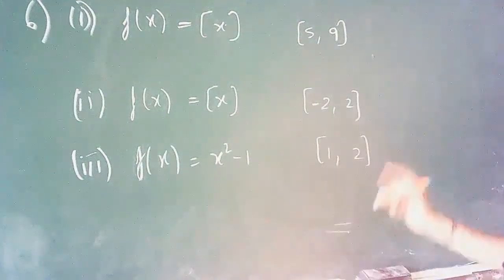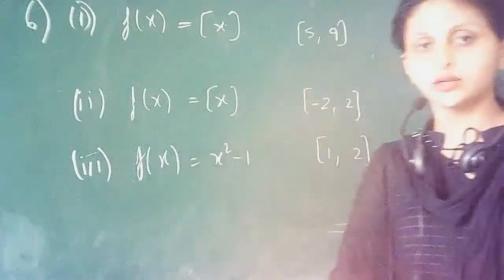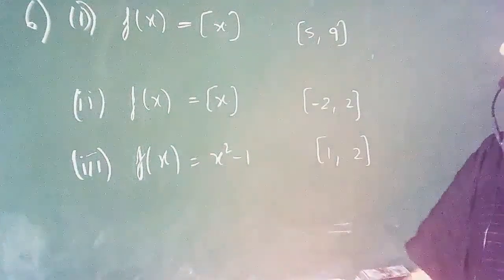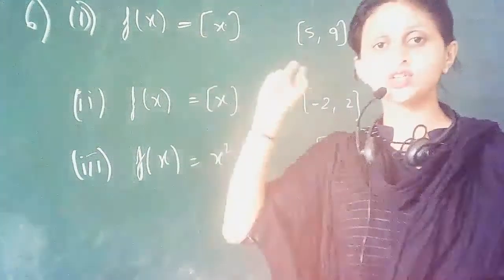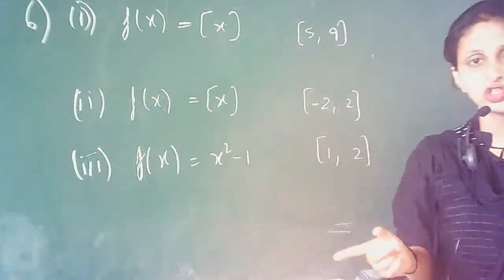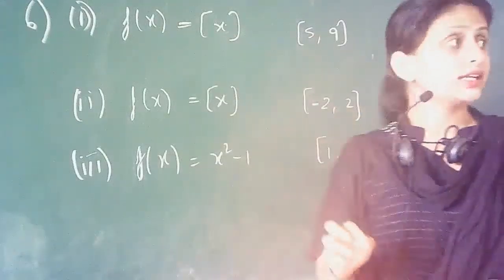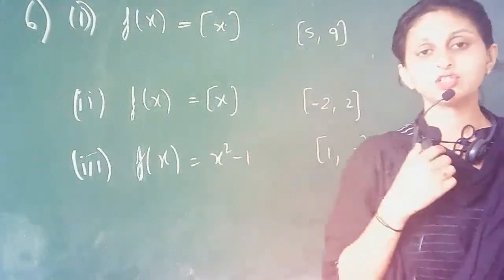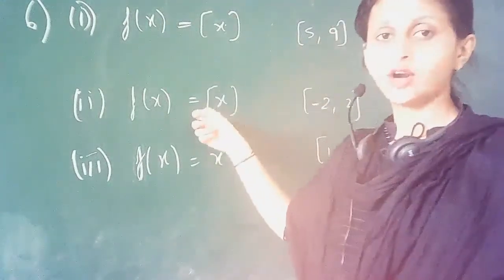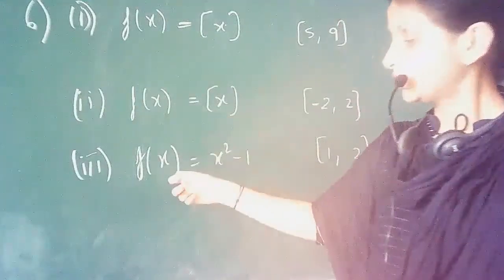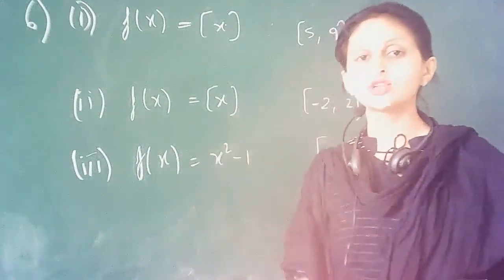So these three functions we checked in example 2 to see whether Rolle's theorem is applicable or not. Let us just revise that once. For the greatest integer function, Rolle's theorem was not applicable since the greatest integer function is not continuous as well as not differentiable. Both these are greatest integer functions. The third one was continuous and differentiable, but the third condition of Rolle's theorem failed here.